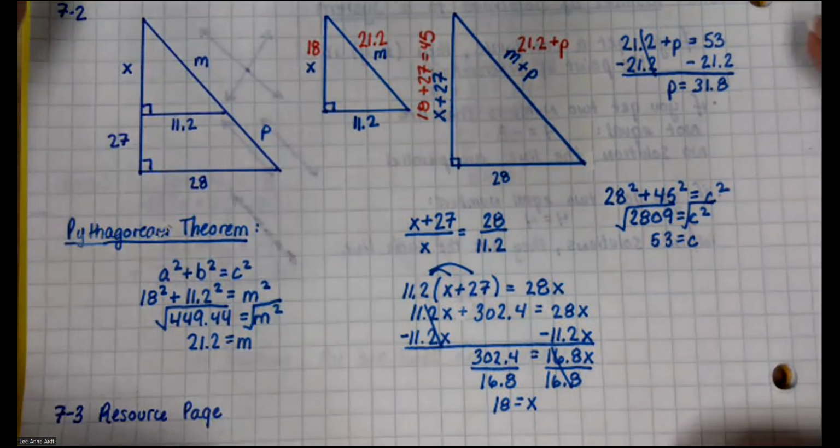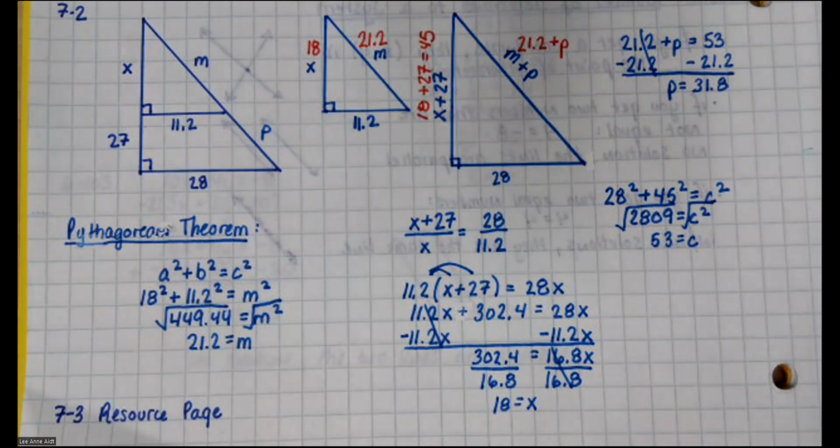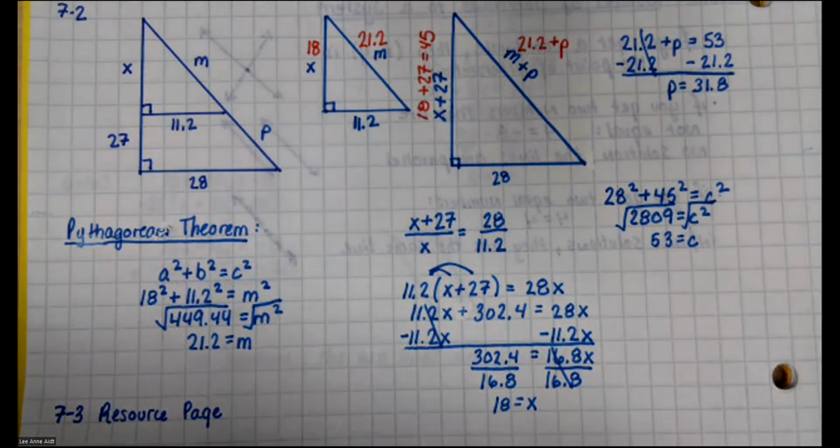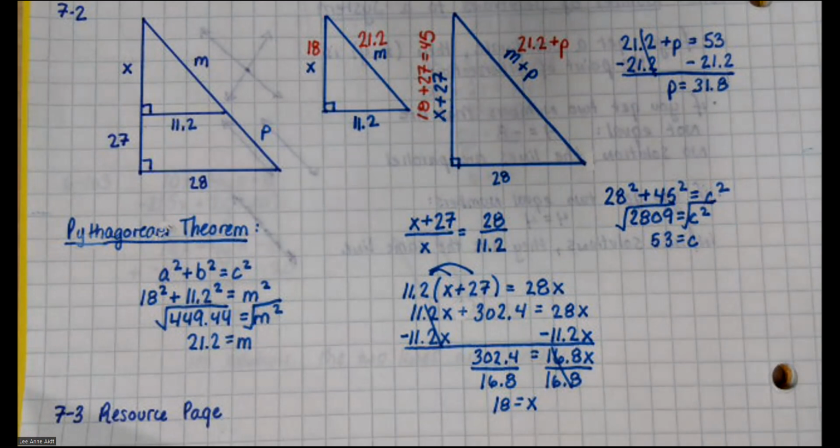Okay, now after you have all this written down, if you could find the resource page that has the shapes on it. Actually, there's a lot of resource pages that have shapes. But it's the one that says 7.1.1 resource page at the top, and it's got shapes.